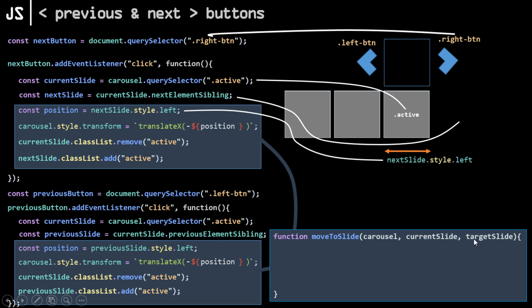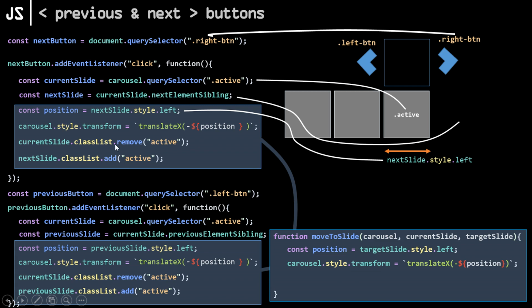The target slide here might be the previous slide or the next slide. So inside our function, we need to calculate the position. Here, I'm not going to say next slide or previous slide, I'm going to say target slide. Then the carousel.startTransform, we will change the transform property here.